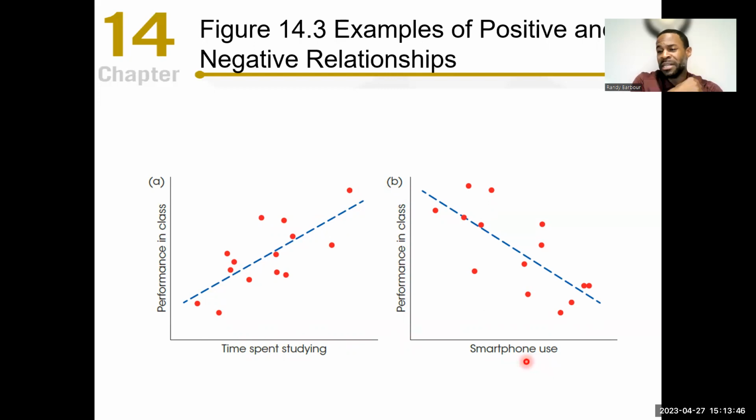There's a study that showed that the more time you spend on your phone during class, the lower your performance is on the exams or in the class generally. So this shows a negative relationship. These two variables are negatively related. So it goes down and to the right for a negative relationship, and up and to the right for a positive relationship.